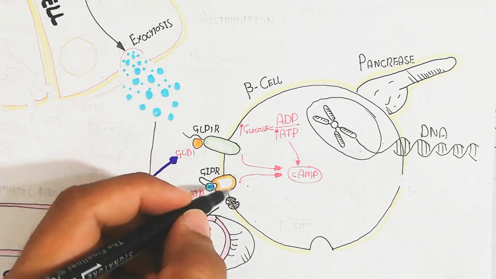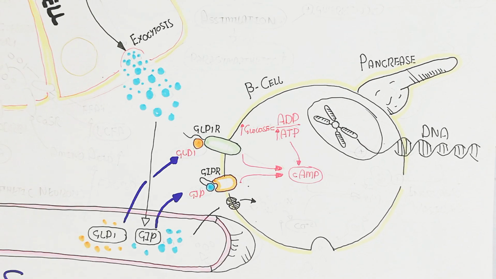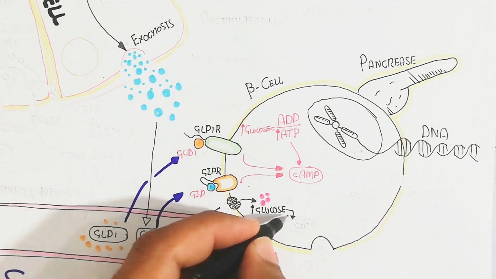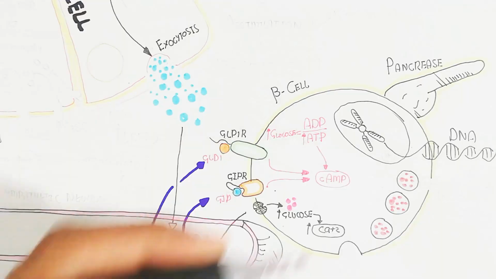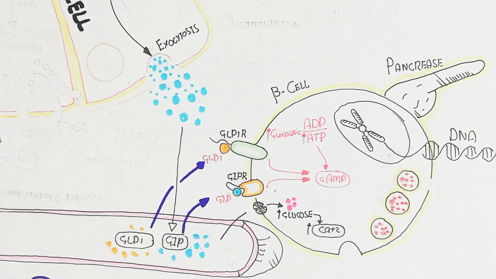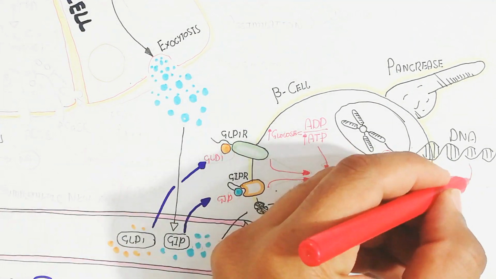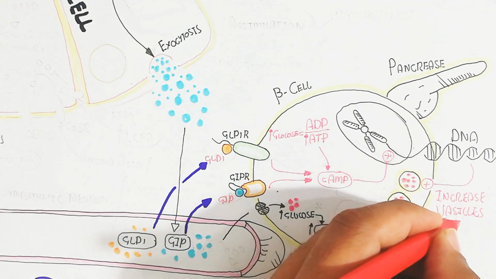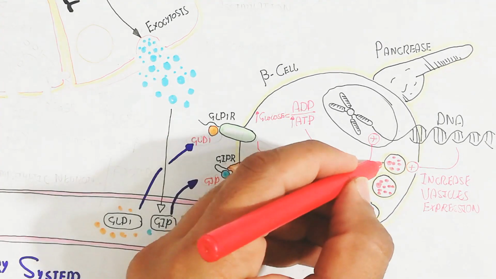Increased cyclic AMP and glucose also lead to calcium outflux from the endoplasmic reticulum. So here is the vesicle. Cyclic AMP will also trigger the DNA to synthesize more insulin vesicles for further exocytosis.